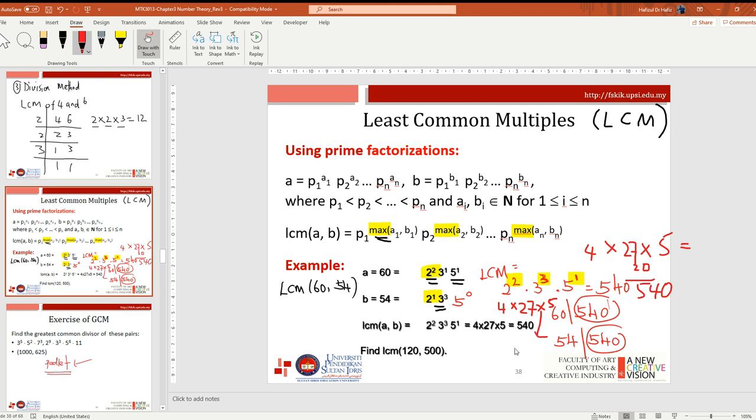Then 20 multiplied by 27 is equivalent to 540.